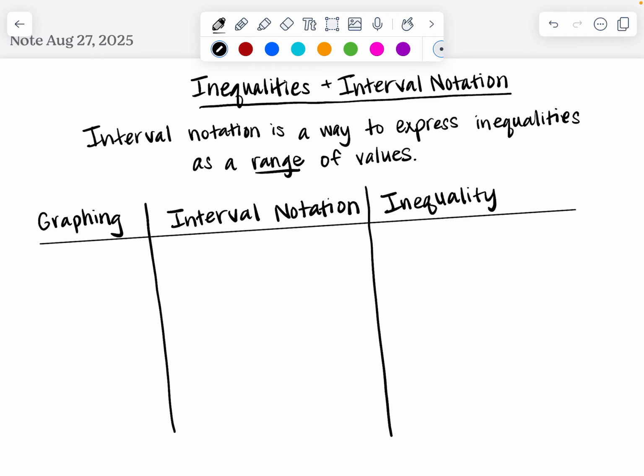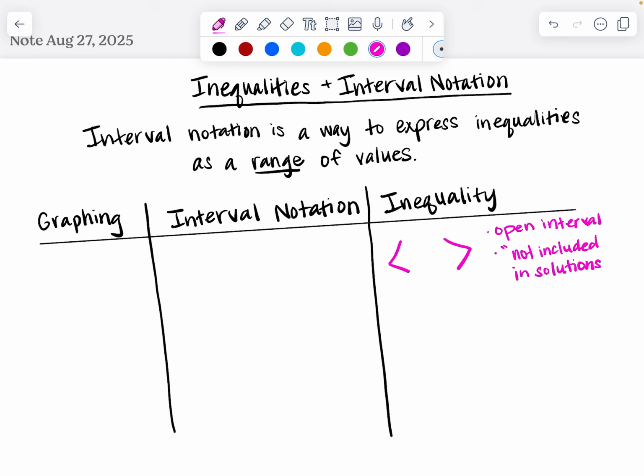So let's start with something you're probably familiar with. That would be these symbols, less than and greater than. We call this an open interval, and we use that when the number is not included in the solutions.